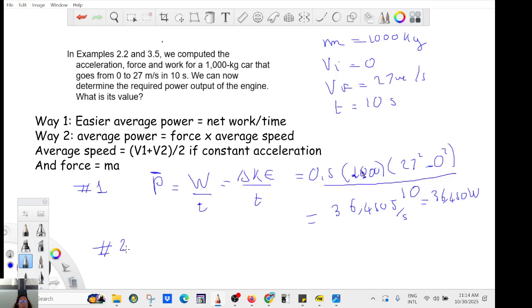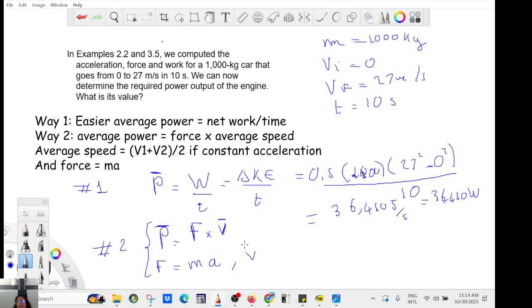Way number 2. I'm going to say that the power is the force times the average speed. And in that case, the force does not change, and the force equals ma, F equals ma.